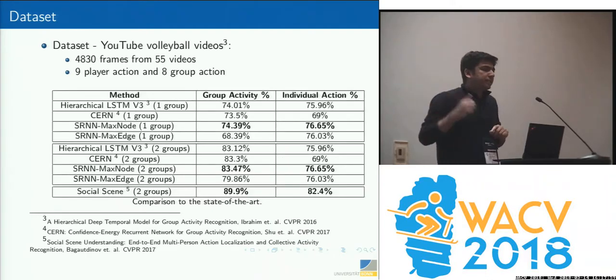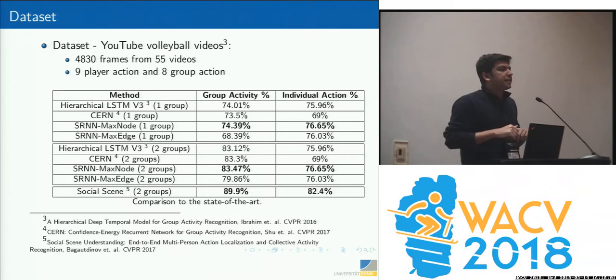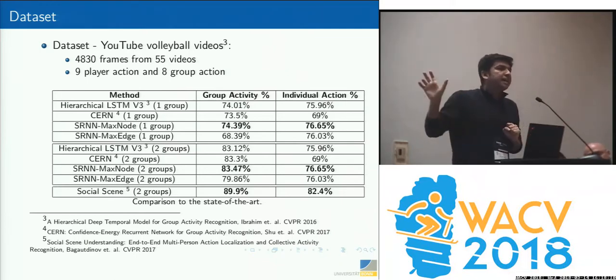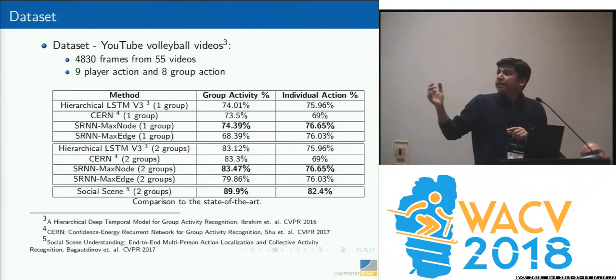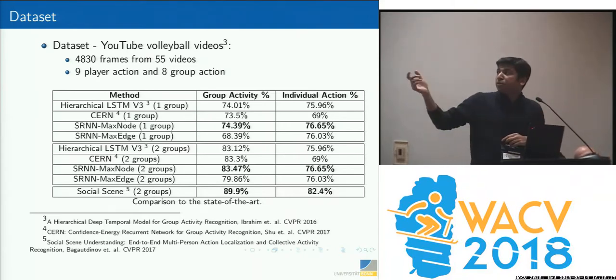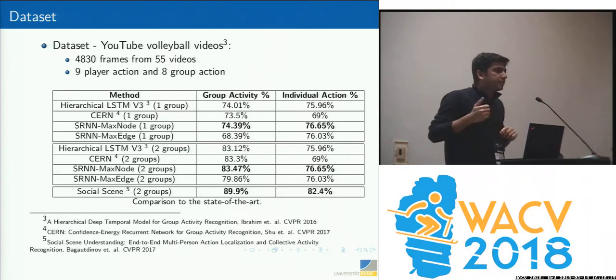Given this, we have tested on a volleyball dataset which has 4,830 frames and consists of 55 videos, with 9 player actions and 8 group activity actions. Using AlexNet as the baseline features, we have got the best result.